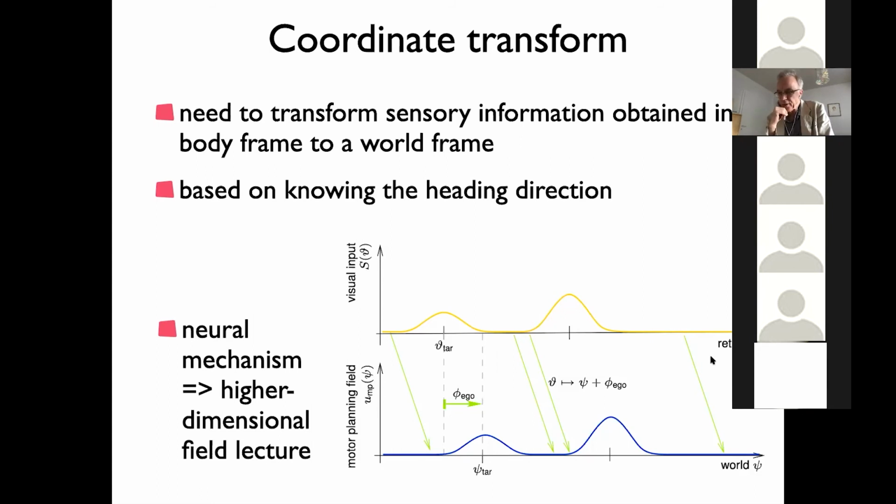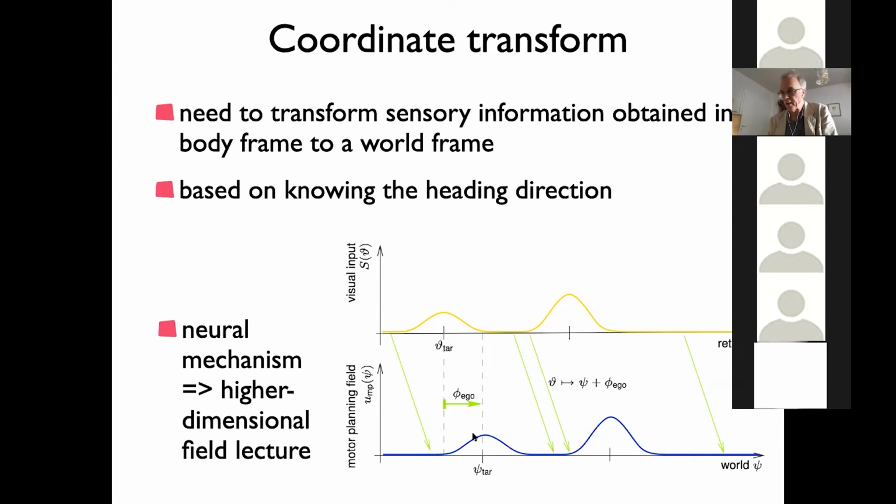And so we actually arranged for the retinal or body frame information to be transformed into the world frame on the robot, frankly, just through an algorithm, by estimating the heading direction of the robot.